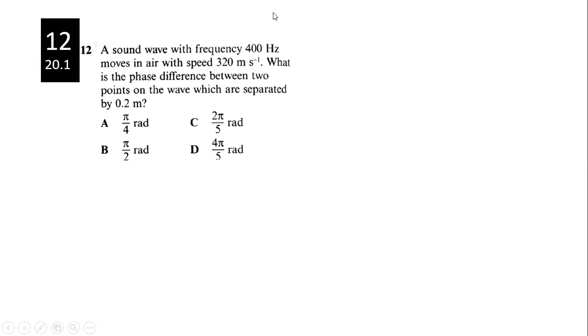Sound wave of frequency 400 Hz moves in air with a speed of 320 meters per second. What is the phase difference between 2 points on the wave which are separated by 0.2 meter? Okay, how do I do this question? What must I do first?